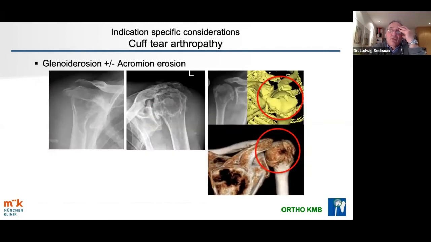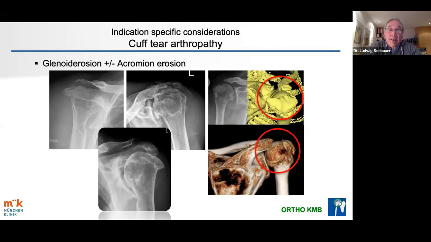But what is also true with cuff arthropathy, if it is a long-standing disease, you always have to deal with additional bone erosions. You have acromial and glenoid bone erosions you have to consider in these patients.